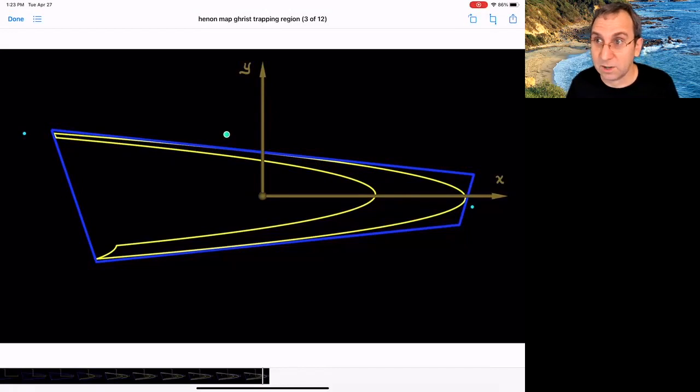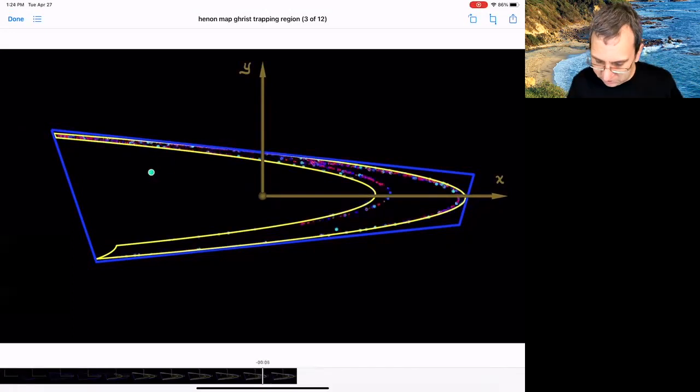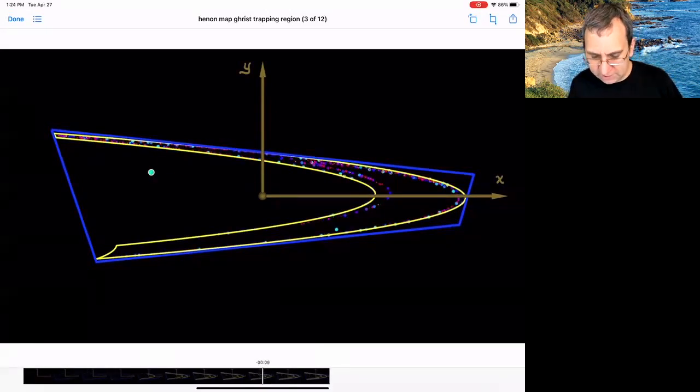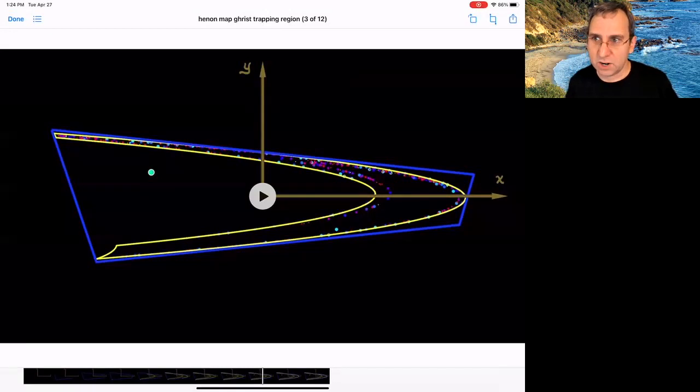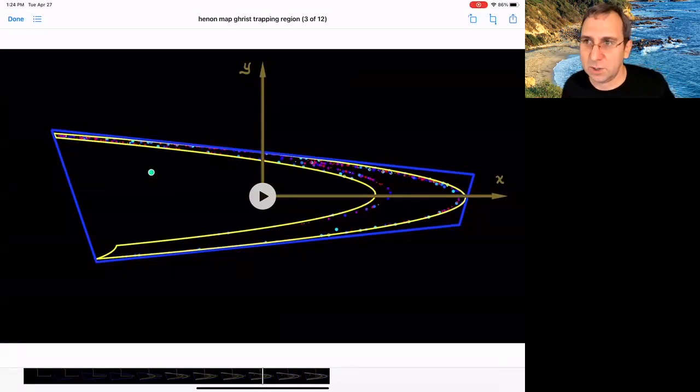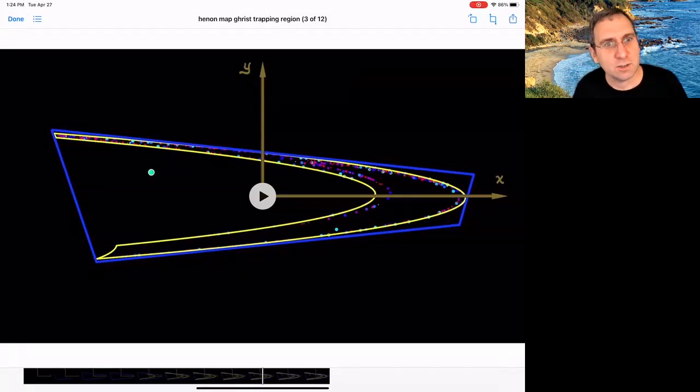So unlike the Lorenz system, things aren't going to fall through the trapping region and then stay in there. And if we chose different squares or different rhombuses, we might not find the trapping region. So it's left as an exercise to find the trapping region.